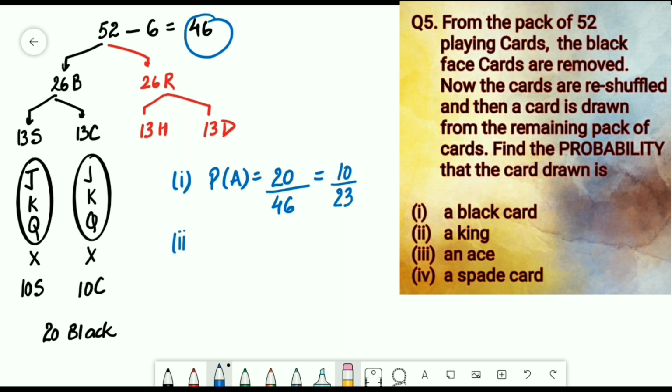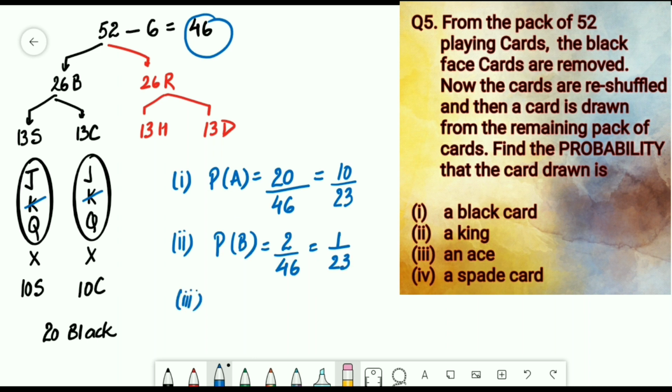The second part, probability of getting a king. Usually we have 4 king cards, but this time we have removed 2 king cards, so only 2 king cards are remaining. So this is 2 upon 46 and 1 upon 23 after simplification.